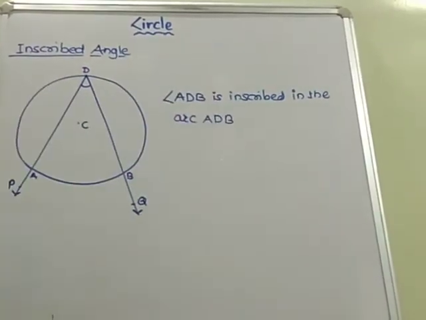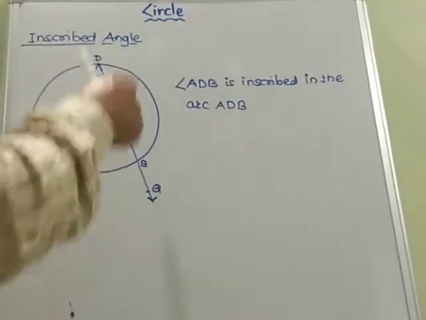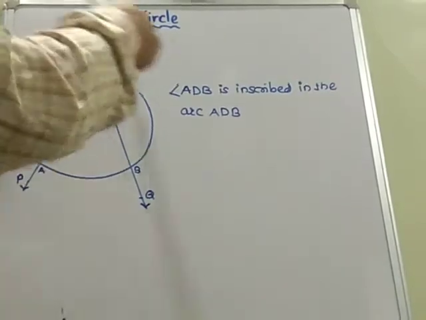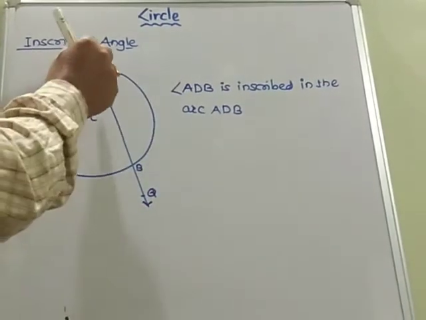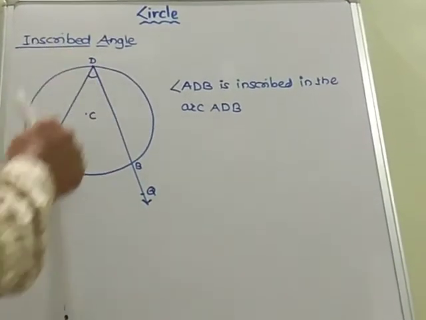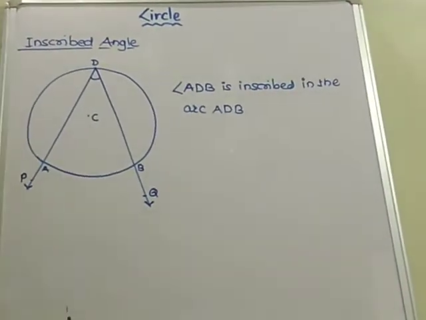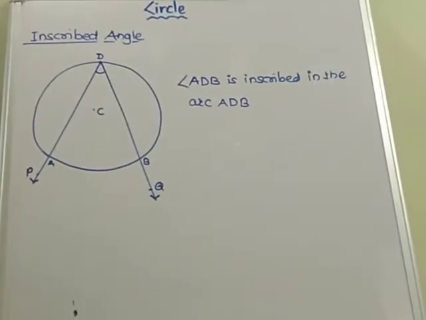This is a large arc, a major arc ADB, and angle ADB is the inscribed angle. This is the concept regarding the inscribed angle.